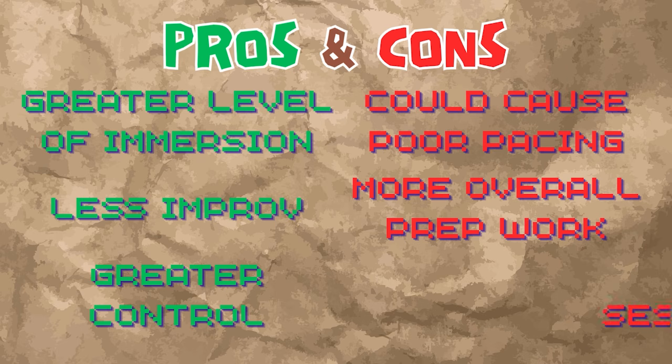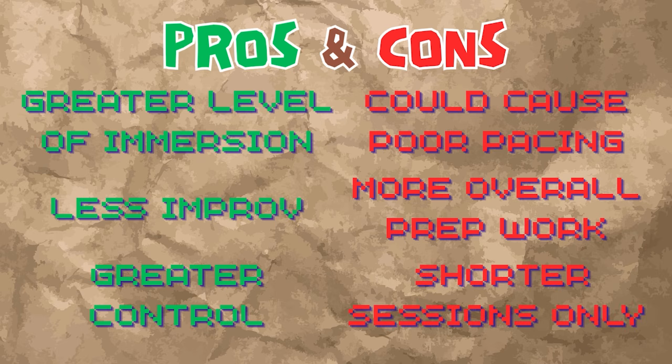Con, this technique only really works well on shorter sessions. I myself prefer running shorter 3 to 4 hour sessions, so I never really had much of a problem where my players would run into areas where I didn't prep for or didn't plan for.